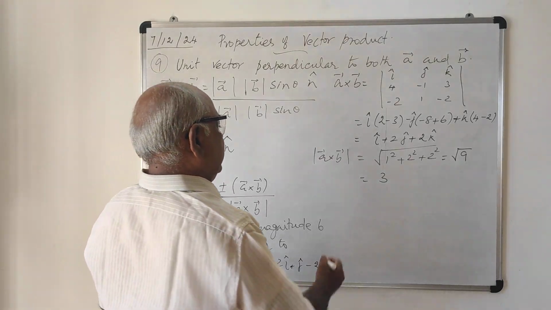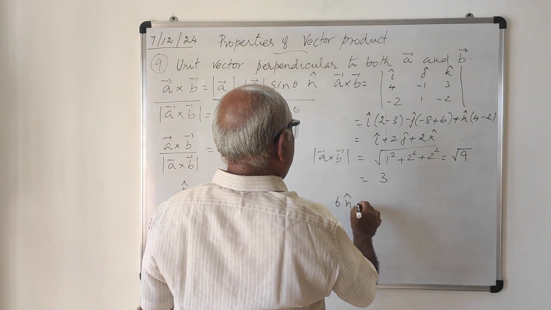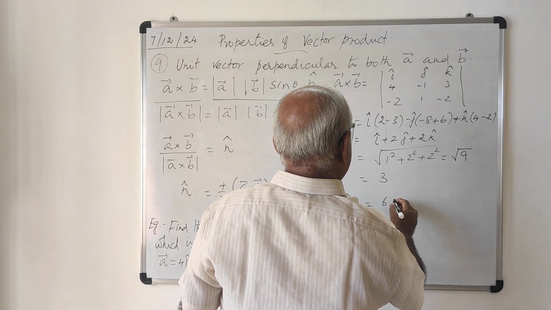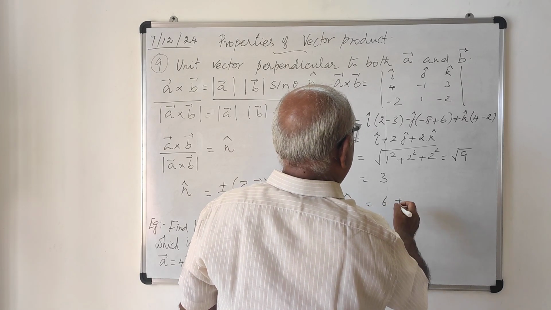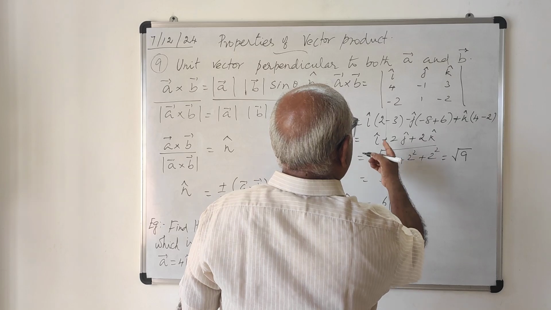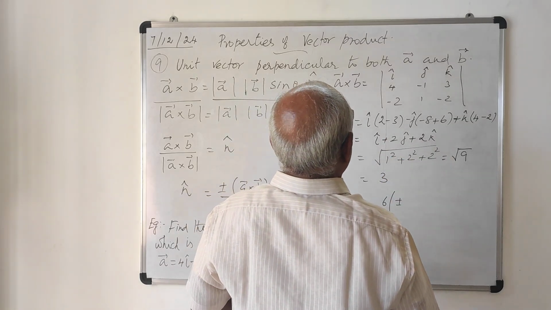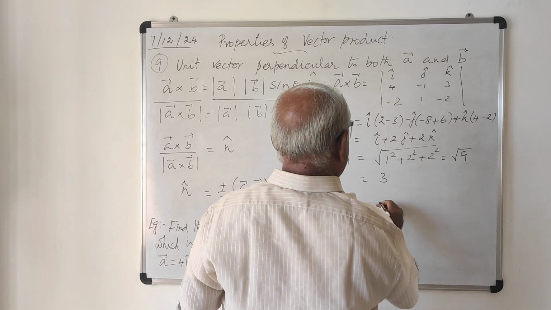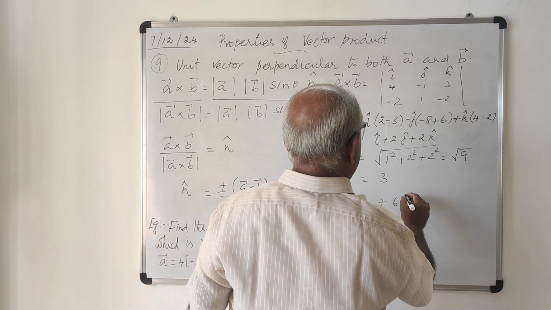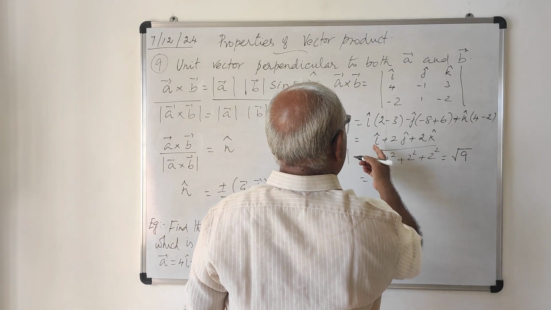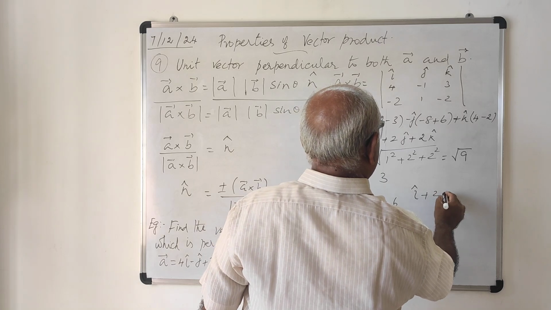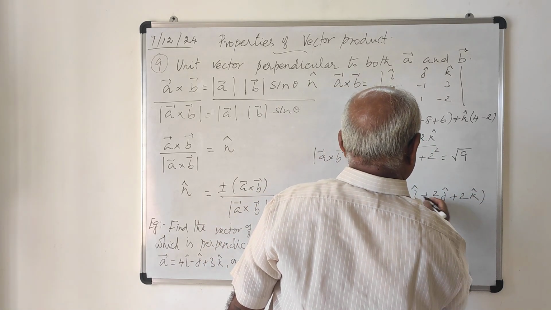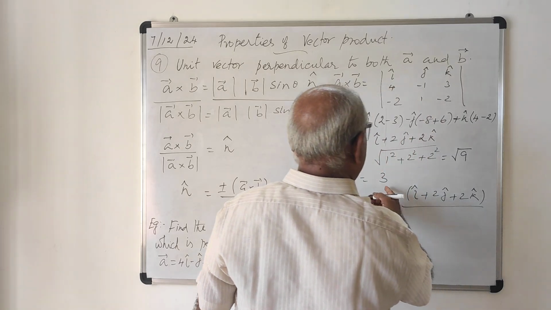So we want 6n cap, which is 6 into plus or minus A cross B by mod of A cross B. A cross B is minus i plus 2j plus 2k, and mod of A cross B is 3.